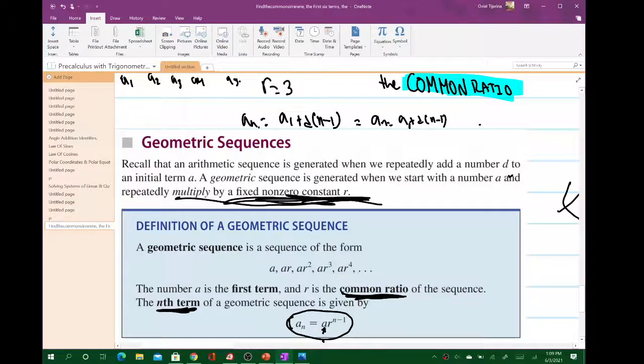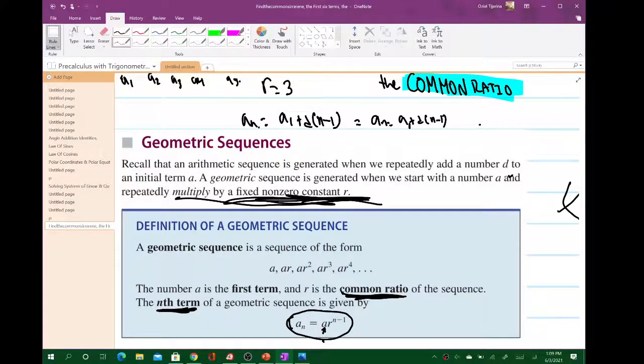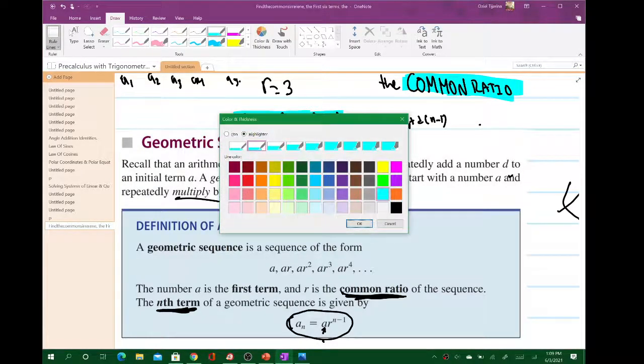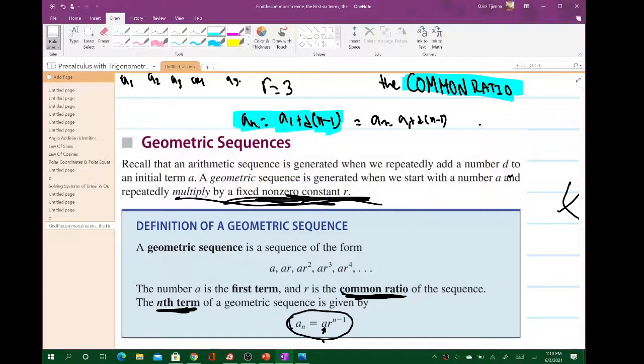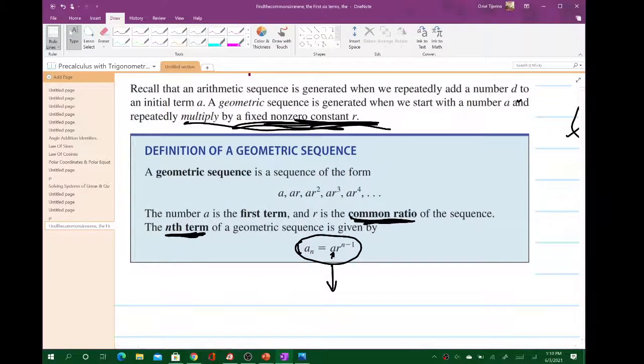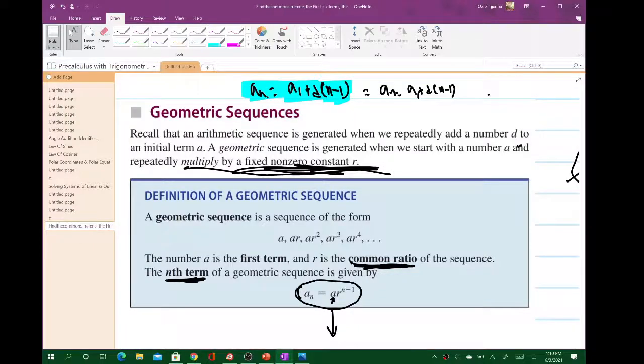In my own opinion, you can write it however you want, but if you don't want to get confused with what a is, I recommend that you write it this way. It makes it so much easier when it comes to actually doing it, right? That way you don't have to worry about what a is.